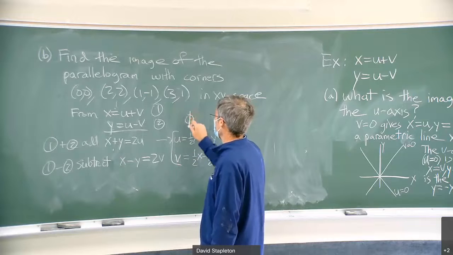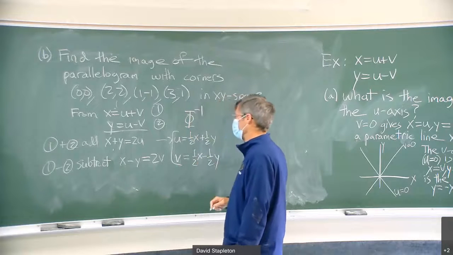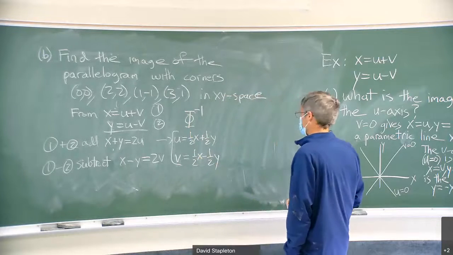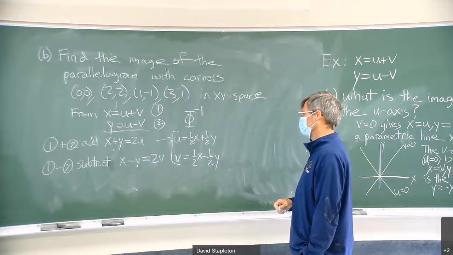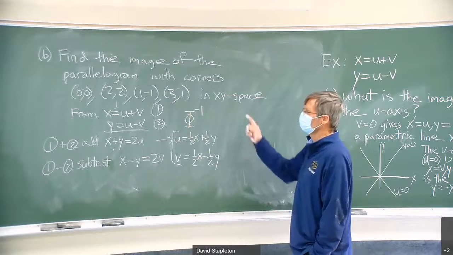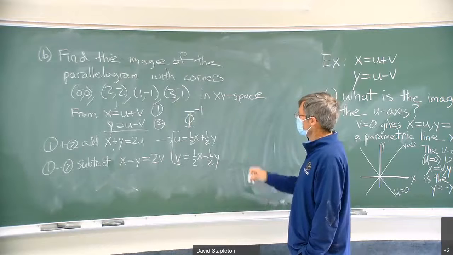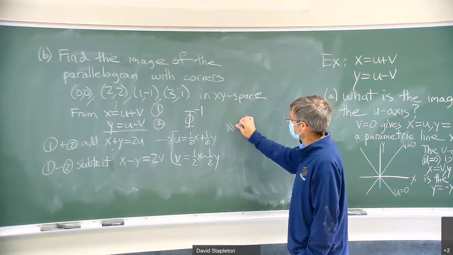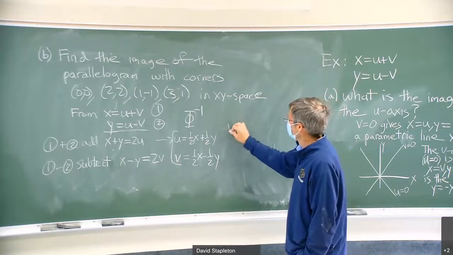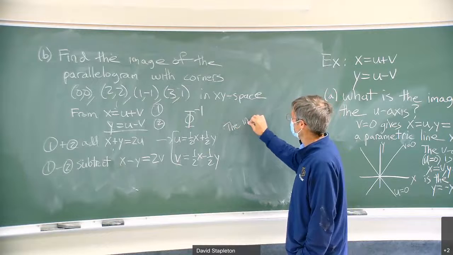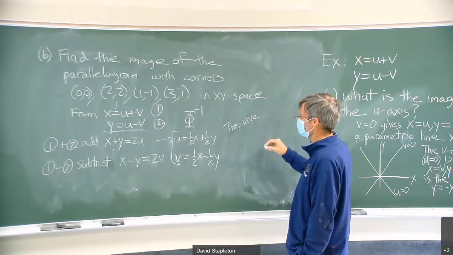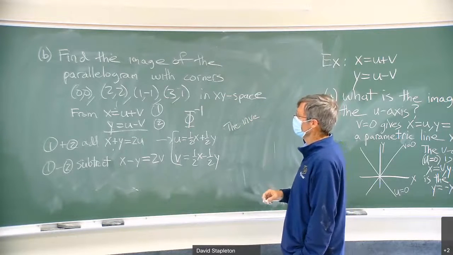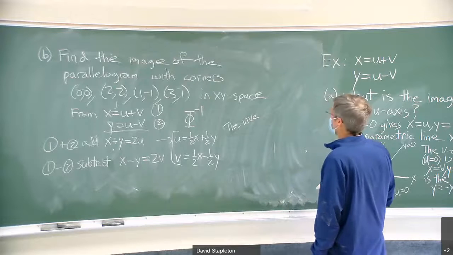This is the inverse transformation, sometimes called phi inverse, by which you then map back from points in UV space into points in XY space. And because the original transformation was linear, the inverse transformation is linear. So the inverse of a linear transformation is also linear. It'll take lines to lines and parallel lines to parallel lines. What's more, it takes the origin to the origin, as you see from the original equations.